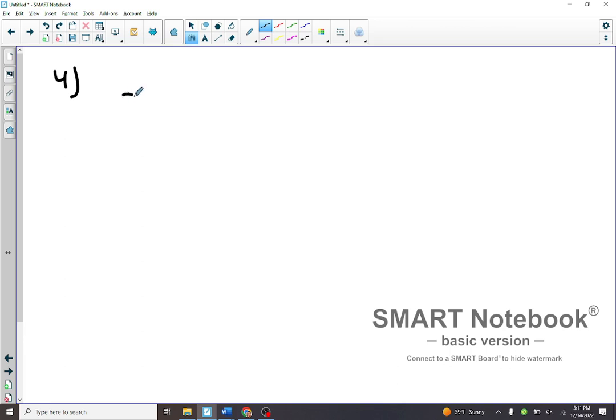Evaluate this: cube root of 8 squared. 8 squared is 64. So the cube root of 64, aka what times itself 3 times, and that'll be 4.